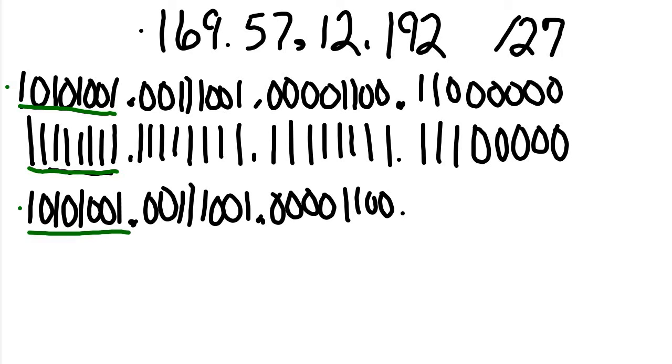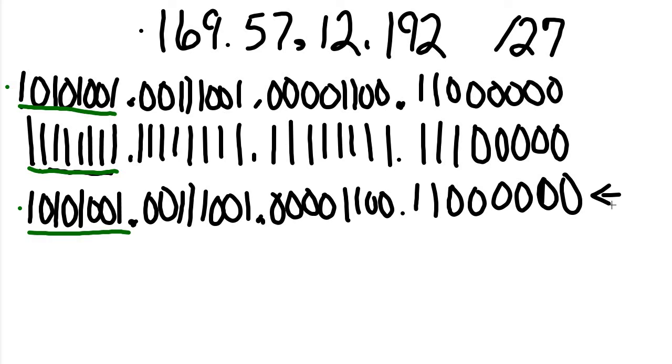Okay, our last octet, when we're looking at this, we have 1 and 1 is a 1, 1 and 1 is a 1, 1 and 0 is a 0, 1 and 0 is a 0, 0, 0, 0, 0. Ew, that was weird. And 0, 0. Okay, so this is our network address.